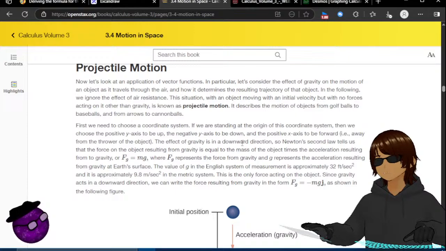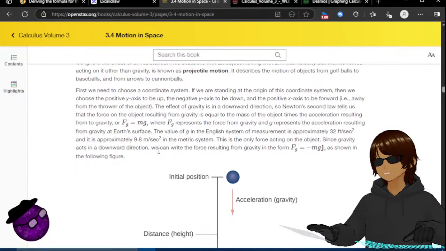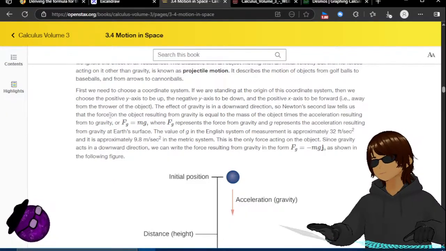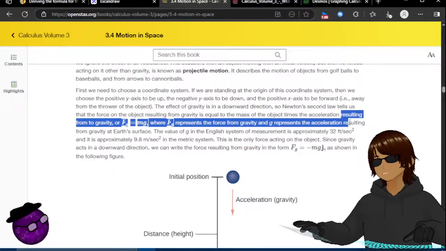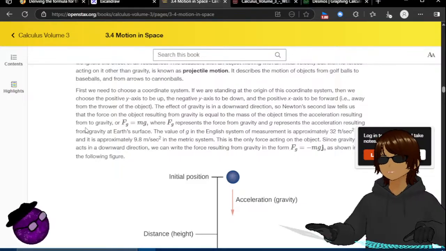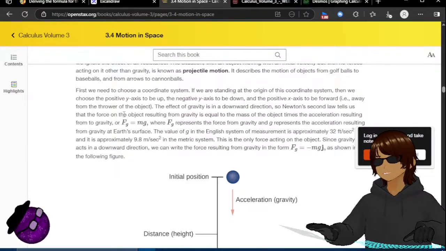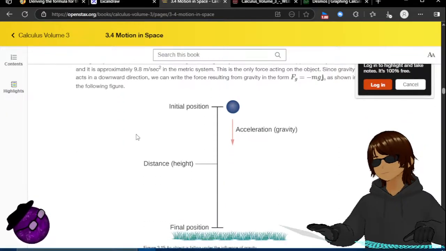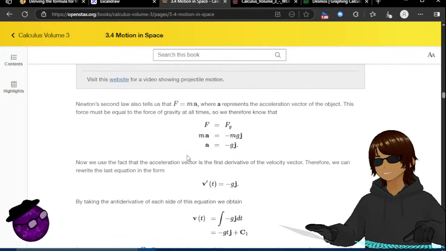So Newton's second law tells us that the force on the object resulting from gravity is equal to the mass of the object times the acceleration resulting from gravity, or Fg is equal to mg, where F represents the force from gravity and g represents the acceleration resulting from gravity at Earth's surface. So initial position, acceleration, and final position.